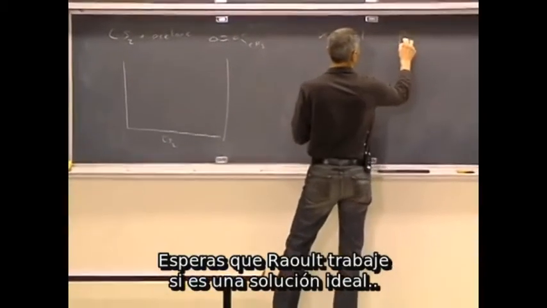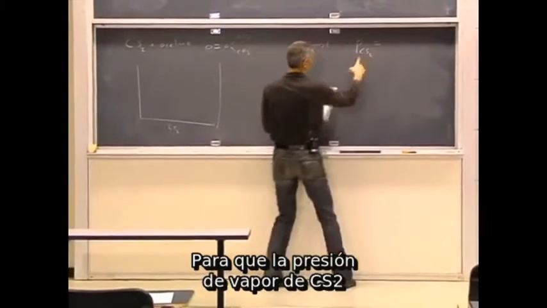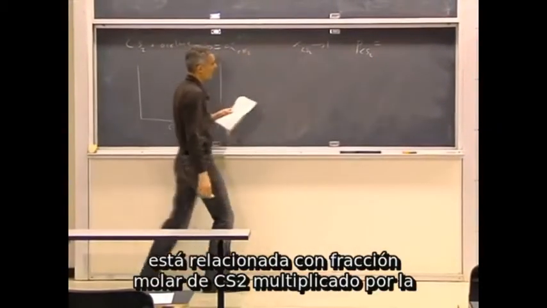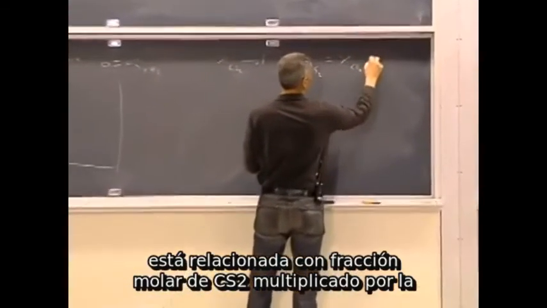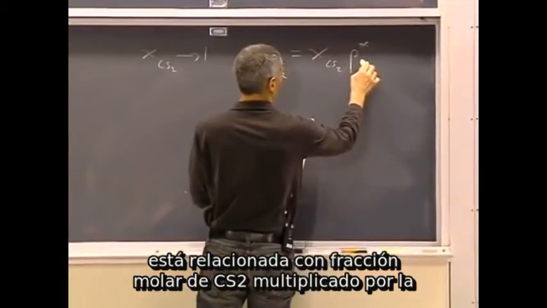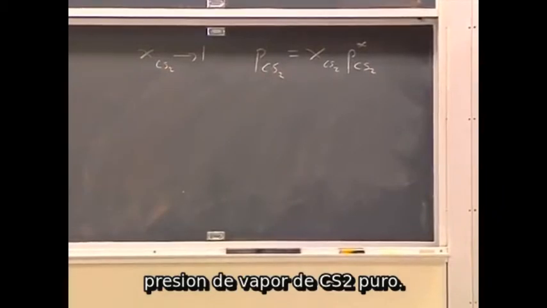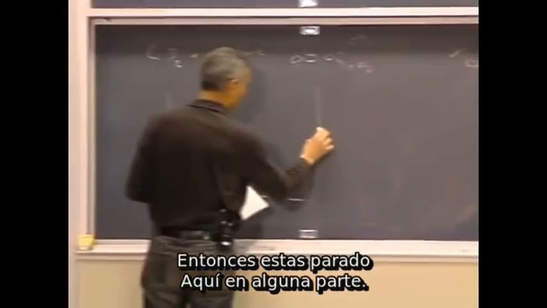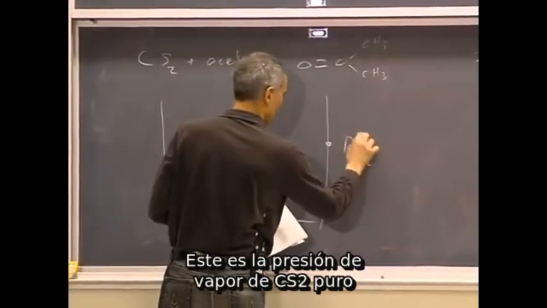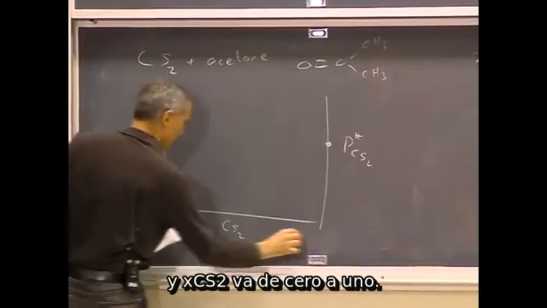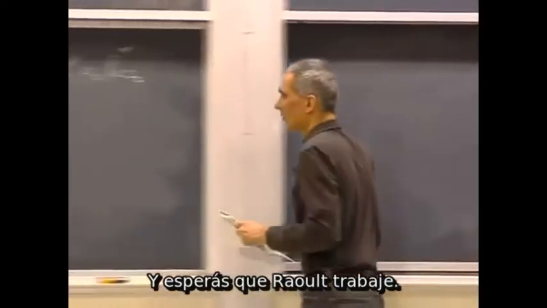You expect Raoult to work if it's an ideal solution, so that the vapor pressure of CS2 is related to the mole fraction of CS2 times the vapor pressure of CS2 if it was pure. So you're sitting here somewhere, right? This is the vapor pressure of CS2 pure, and the mole fraction of CS2 goes from 0 to 1. And you expect Raoult to work.